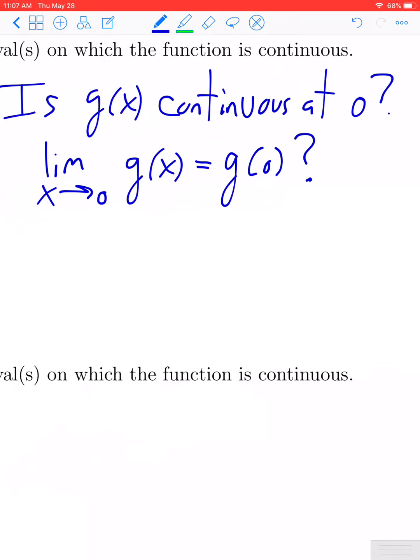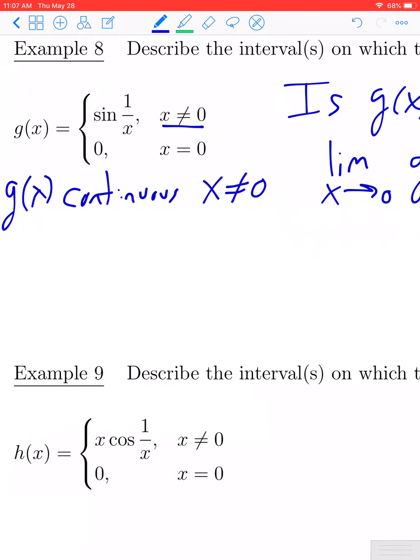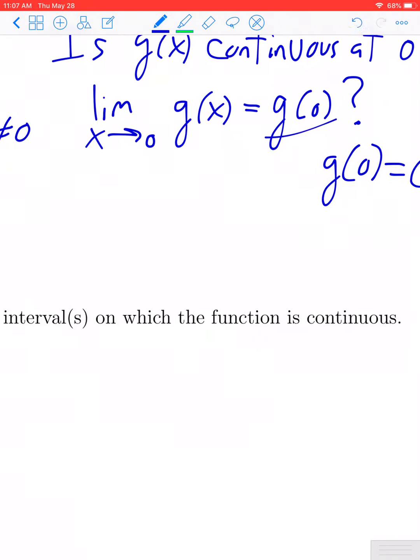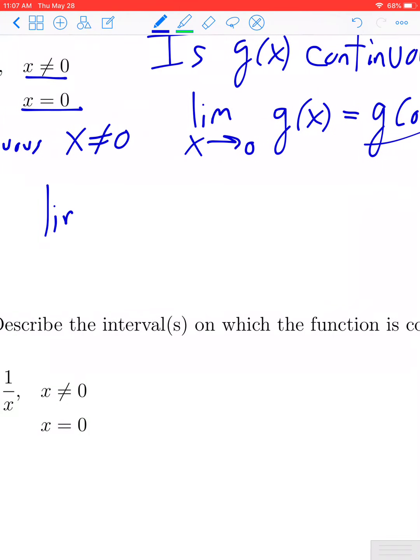Well, let's find out. First of all, the value of g of 0: if we plug 0 into the function, remember when x equals 0, the value for g of 0 is simply going to be 0. So we get the 0 output. And now what we have to investigate is the limit as x approaches 0 of g of x.